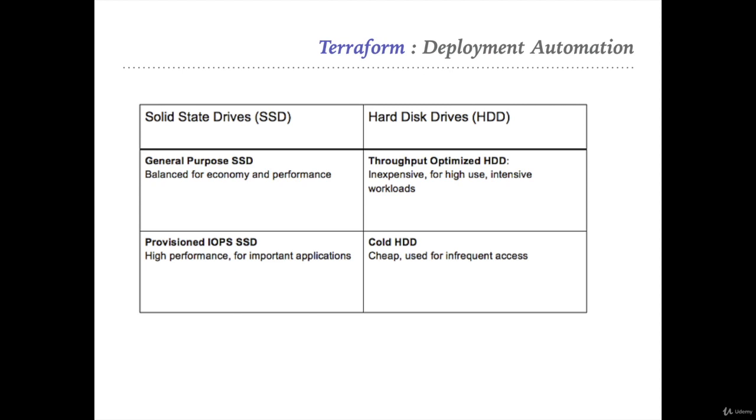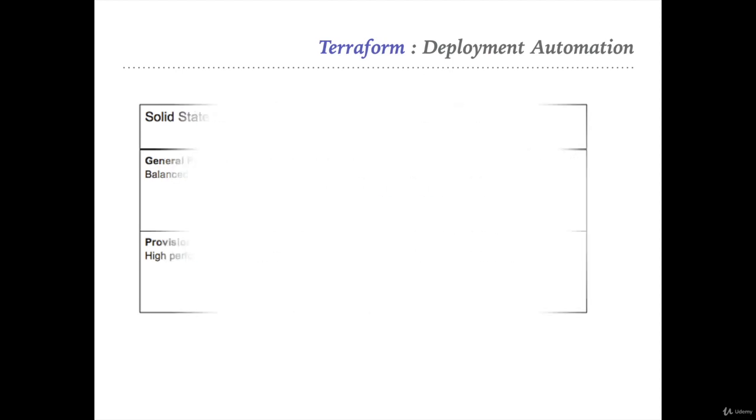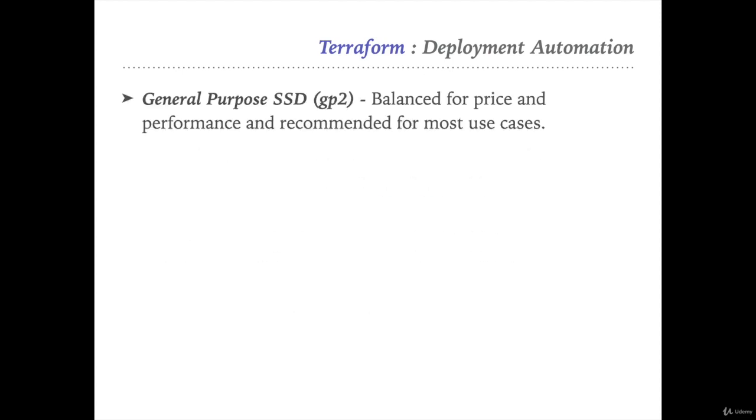Let's discuss all four types in detail. In SSD, the first type is the general purpose SSD, which is called GP2. GP2 is balanced for price and performance and recommended for most use cases. As the name explains itself, that is the general purpose SSD. If your application doesn't need something very specific, you can go with the GP2 type EBS in AWS.